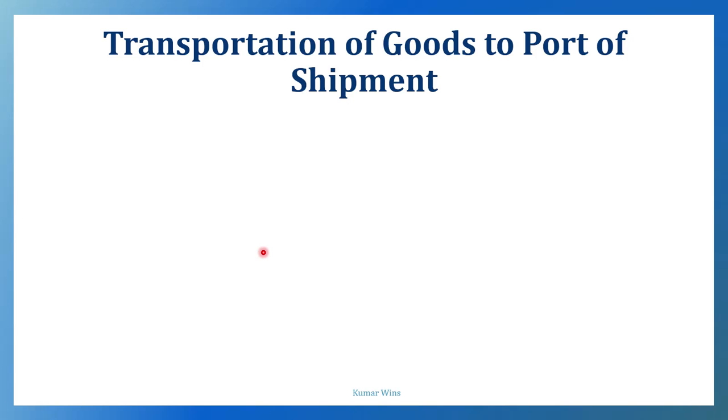So if there is some damage or loss and you want to make a claim, if your packing quality is very good, the insurance company will find it very difficult to refuse to pay the claim. If there are specific instructions on packing in the export contract, they have to be followed. Otherwise, there is a chance that your export will not be accepted by the importer.